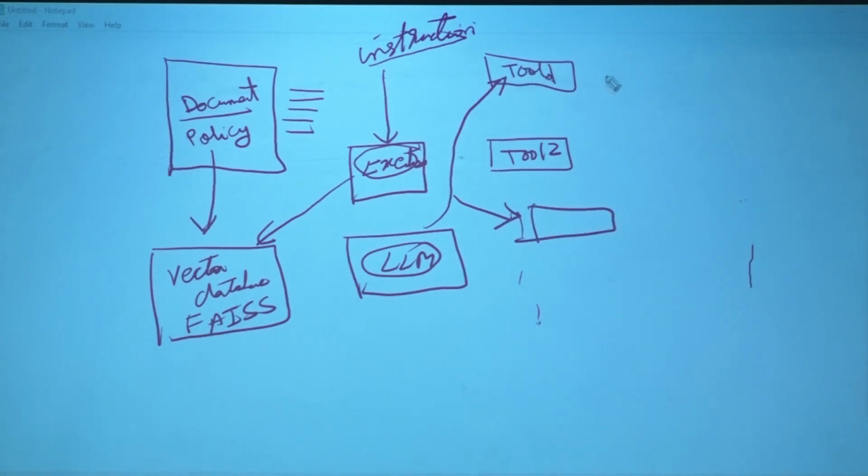Then these tools are what? Basically Python functions. At the fundamental, they are Python functions. Now, the description of these tools, the executor has already got. So that's the job of the person who sets up the executor, that he has to capture the description of these tools. Tools are functions. So these are Python functions.